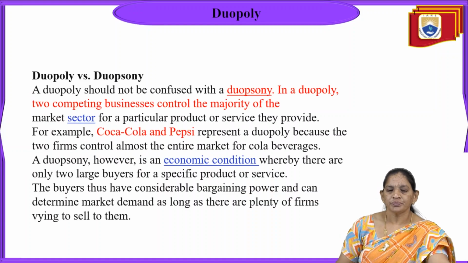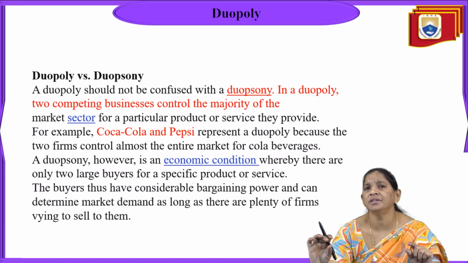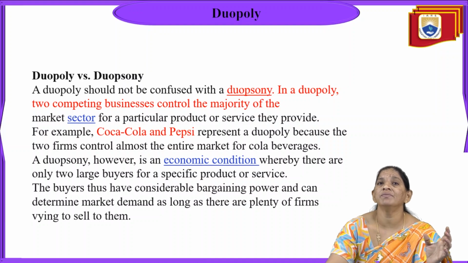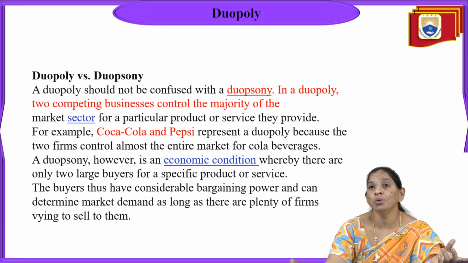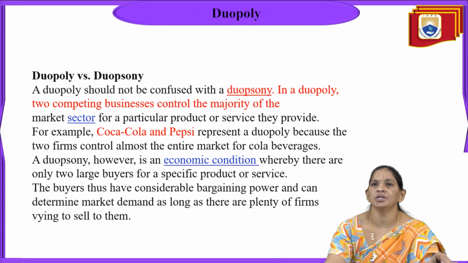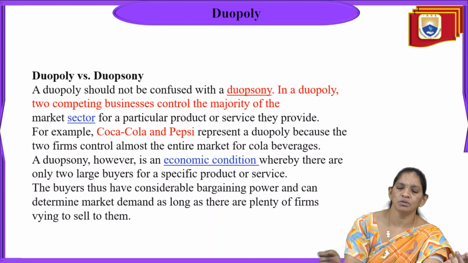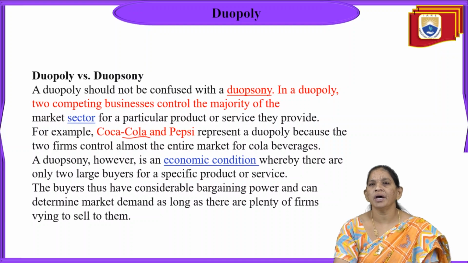Next, there is a confusion between monopoly, duopoly and duopsony. So duopoly means two companies competing with each other for market share of a particular product and service. Along with Visa and Mastercard, another duopoly competition is Coca-Cola and Pepsi.